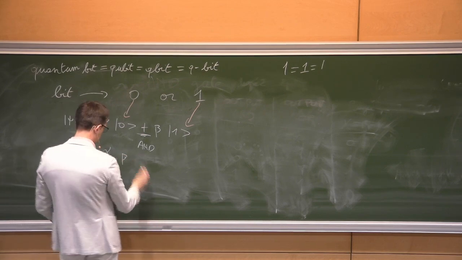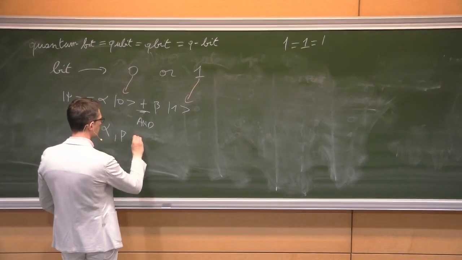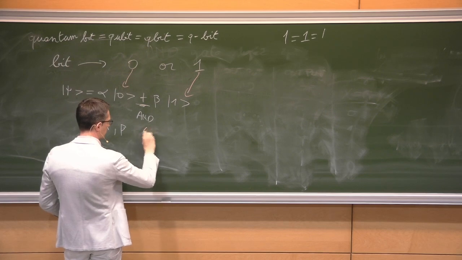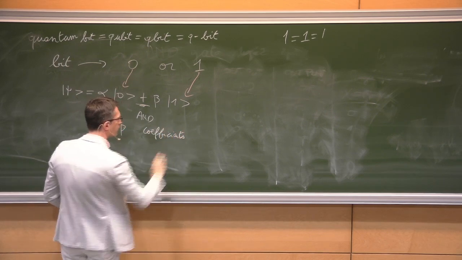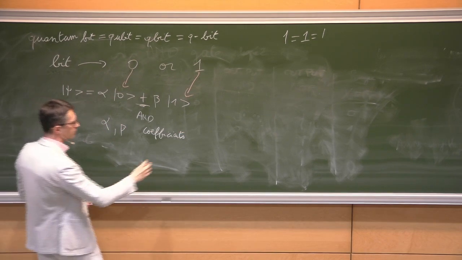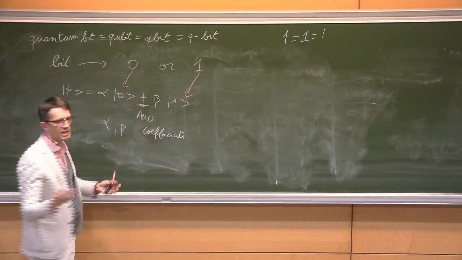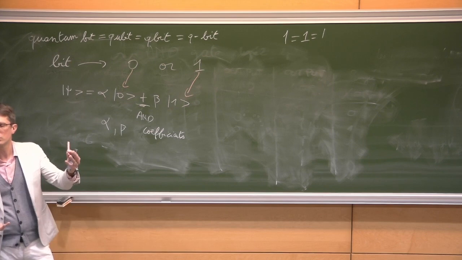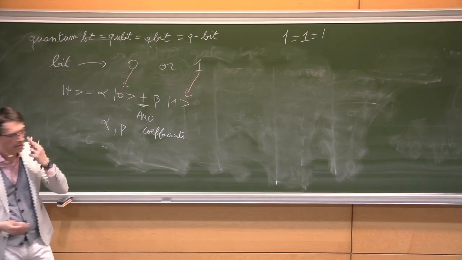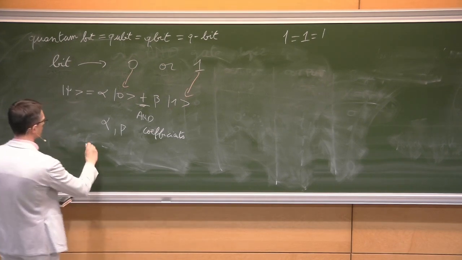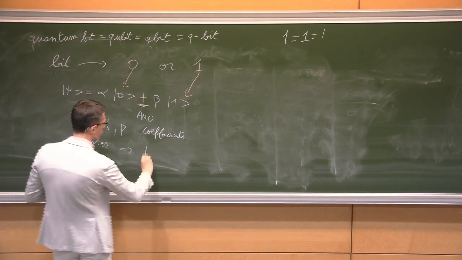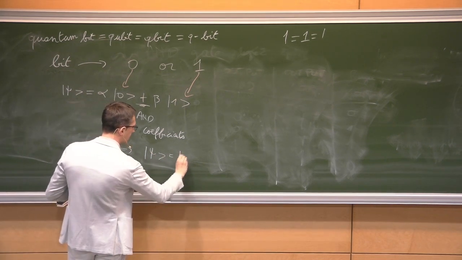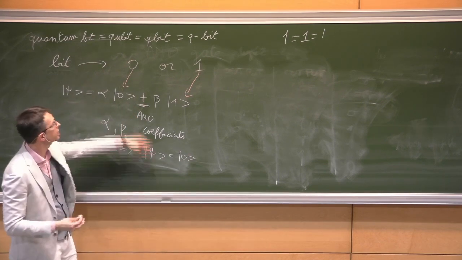So those are coefficients, which is basically the weight I can attribute to each of them. So in other words, if beta equals 0, then my qubit is exactly in the 0 state.